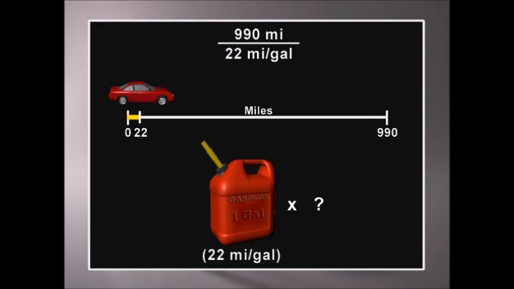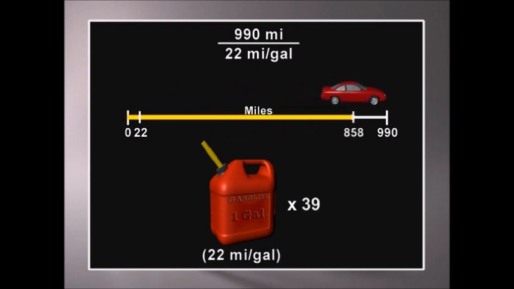And I think if you look at these two numbers, you will realize that it's going to be several gallons. I mean, if you can only go 22 miles on 1 gallon, it's going to take a lot of gallons to go 990 miles. We take out a calculator, we did, and we come up with 45. We're going to have to buy 45 gallons of gas.